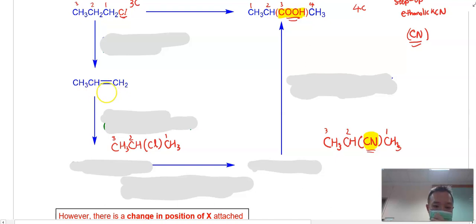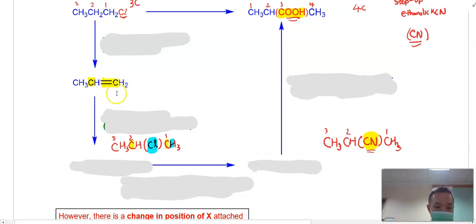Can I get this compound from the alkene? What do I need to do? If you compare this alkene and this compound, the main thing is I need to add a Cl, I need to add a H. So when I need to add a H and a Cl, basically it's adding HCl across the C=C double bond, right? So can I do that? If I add HCl across the C=C double bond, it's an electrophilic addition reaction.